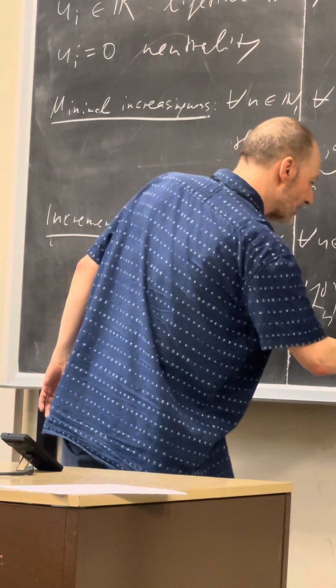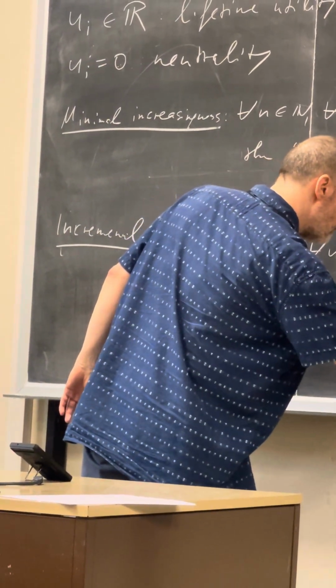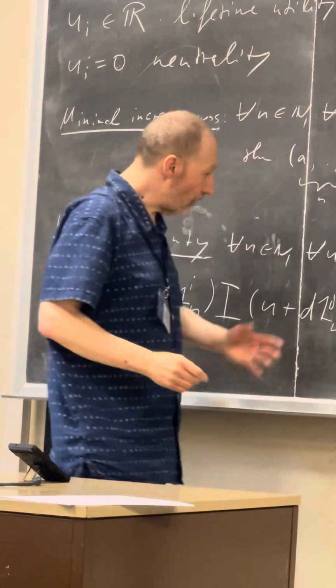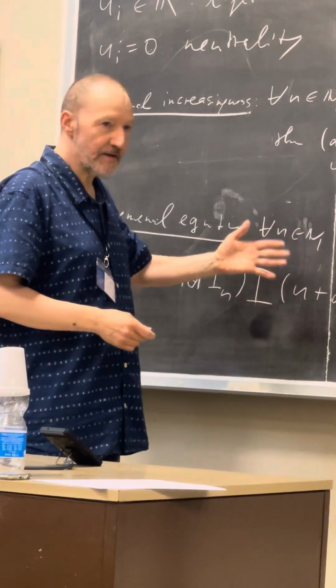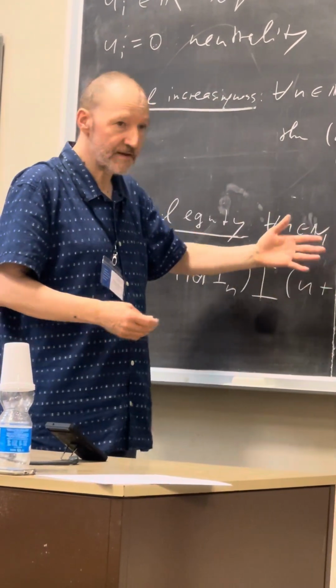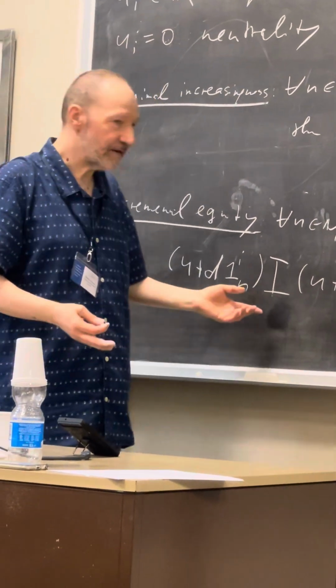So that's for all i and j. This is anonymity, kind of. It implies anonymity. It's very strong. It implies anonymity, and it implies essentially that you're utilitarian.